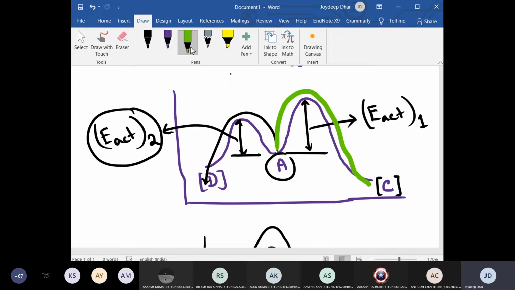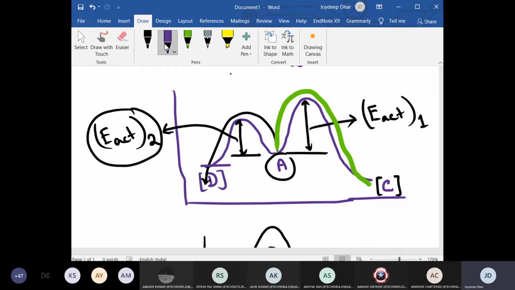Now, if you see the final energy, which one is lower, C or D, according to my figure? C. That means thermodynamics says the product energy, it is not interested with the energy of the transition state.